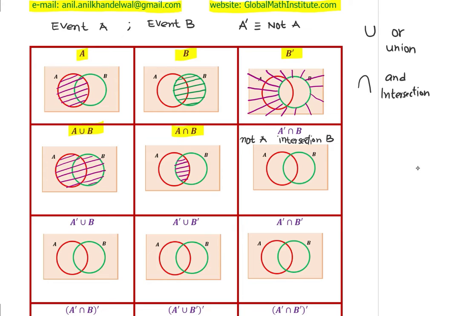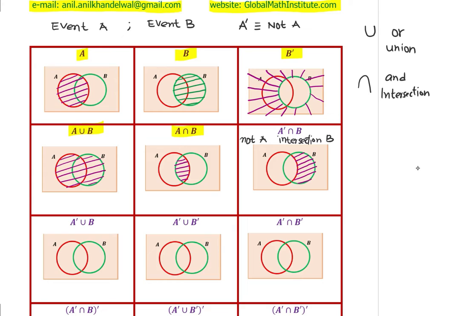Outside A is everything outside A, not A. So within B will be this particular portion which I am shading now. Is that clear to you? So that is not A intersection B. Perfect.